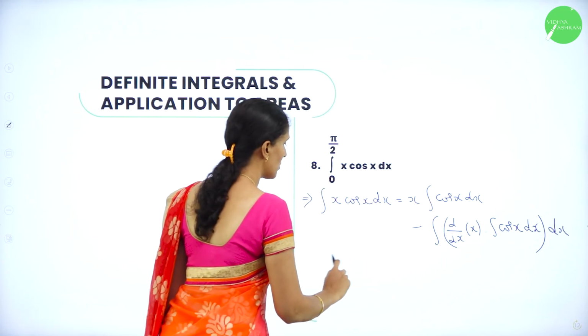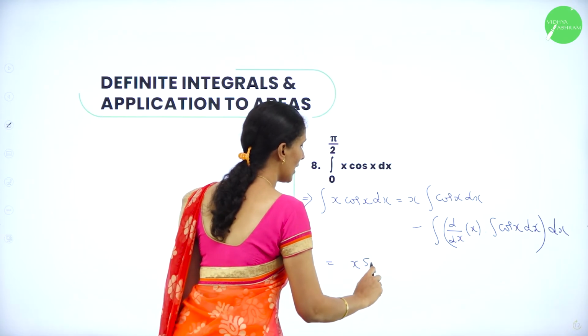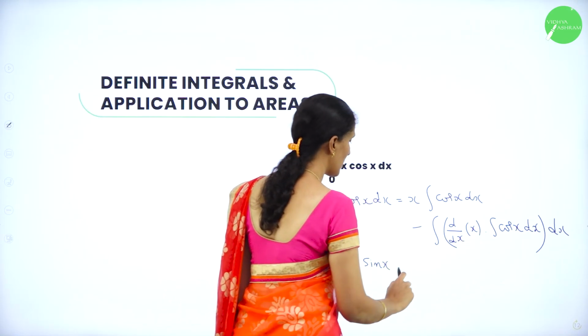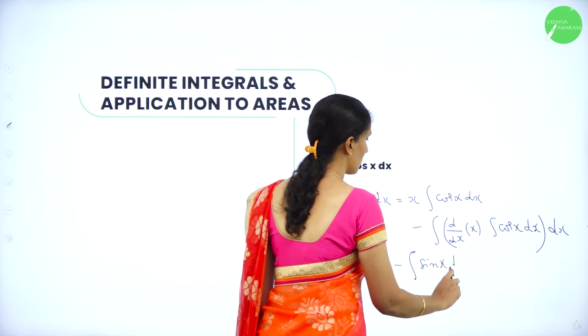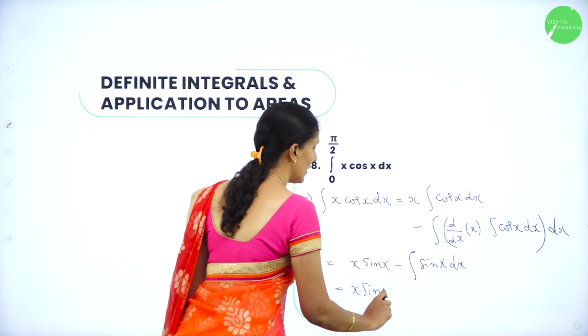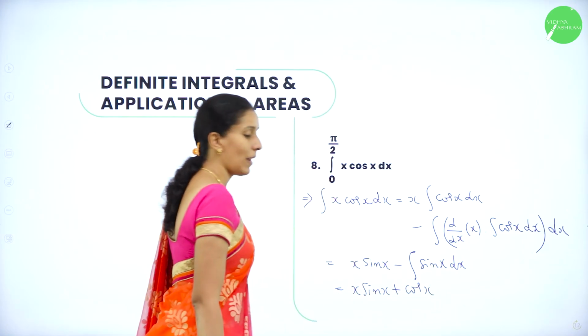So what happens for this function? It is x into sin x. Here we have integration of sin x again, dx. So the value becomes x sin x. Integration of sin x is minus cos x, so it becomes plus cos x.